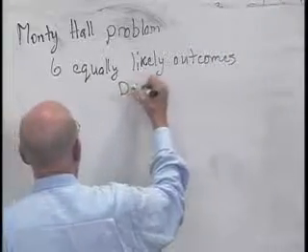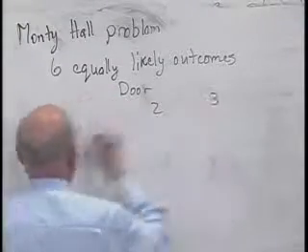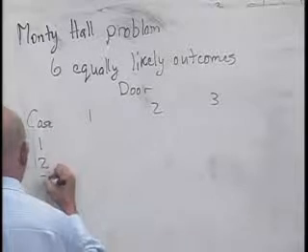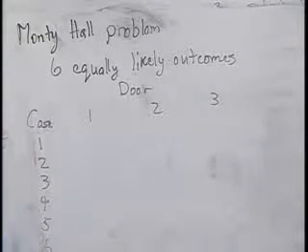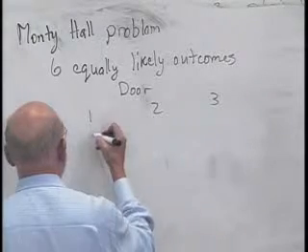We've got door 1, 2, and 3, and case 1, 2, 3, 4, 5, 6. Our assumption is that all permutations of the three objects are equally likely.